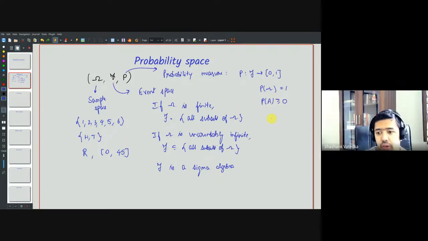And if you have a collection of events, A1, A2, and so on, which are all disjoint, so for every i and j, A_i intersection A_j is empty, then the probability of the union of these events A_i is equal to the sum of the probabilities.